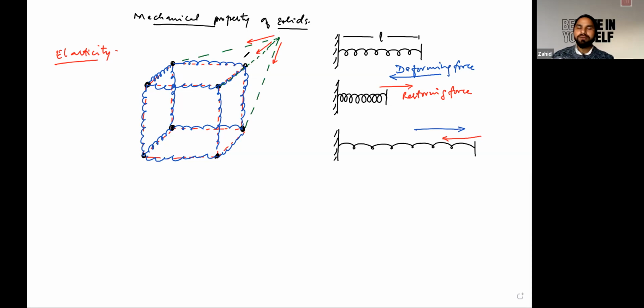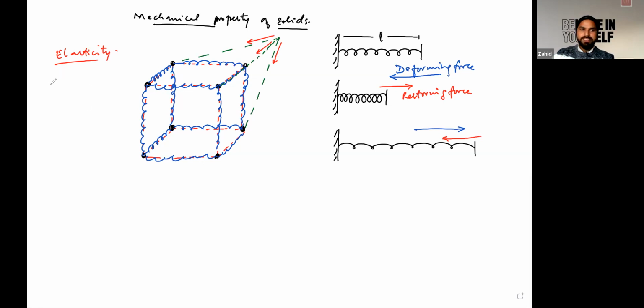So this tendency of a solid or object is called elasticity. Prachi, is it clear? Yes, sir.